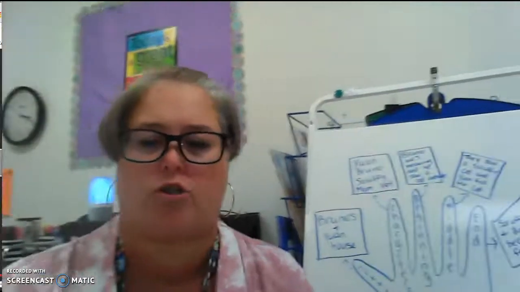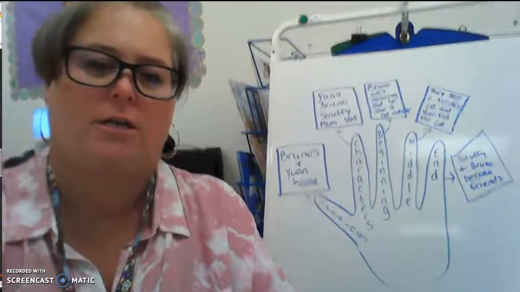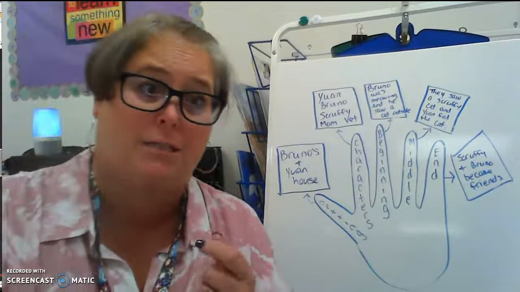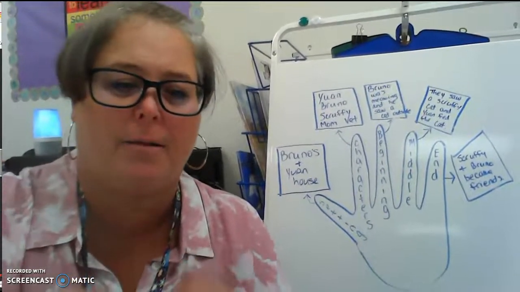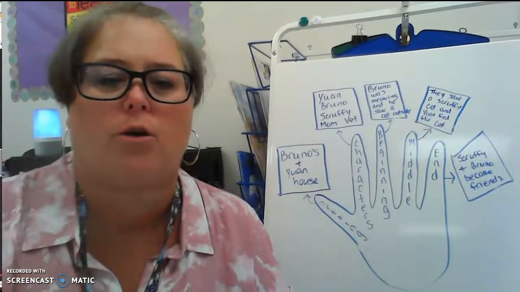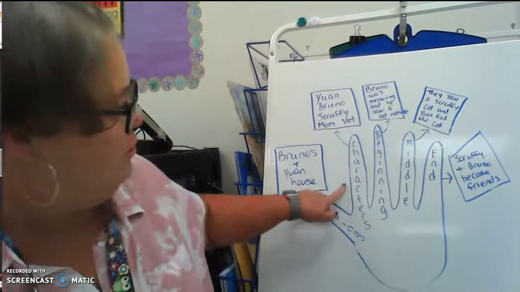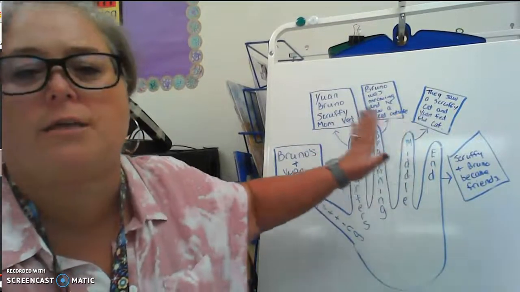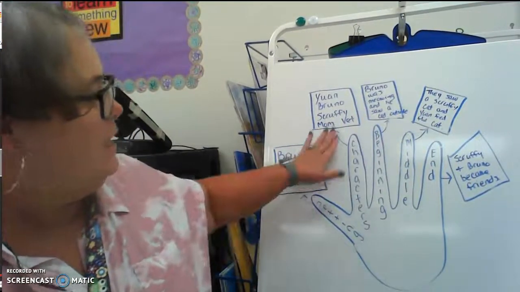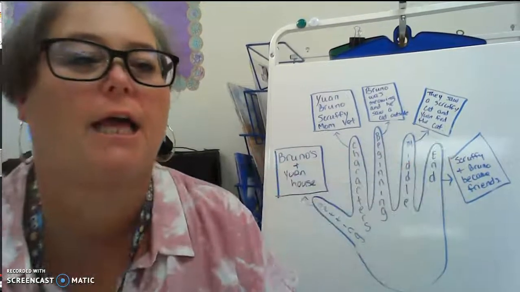Take a picture and upload it for me because I want to see y'all's great drawings. And I want to see if y'all's hand looks better than mine because my hand looks a little crazy. Got a little weird finger right here. That's okay. So I want you to draw in your journals. Don't look at my weird finger. Draw this in your journal. Tell the setting, the characters, beginning, middle, and end.